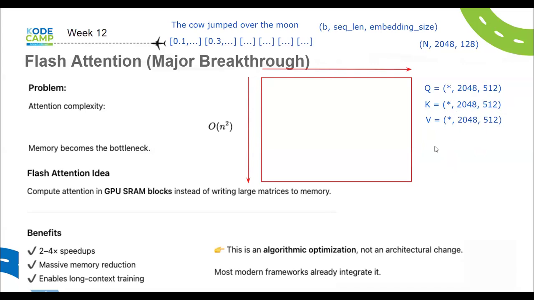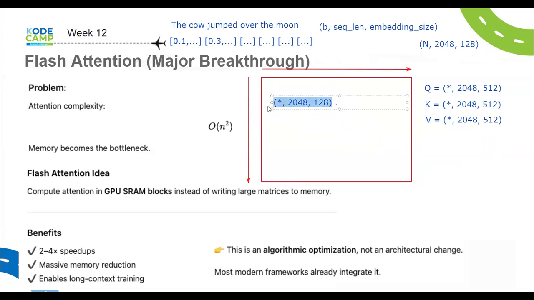Now, the next thing you do is Q dot K transpose. This is where the problem arises. When I do Q dot K transpose, I'm effectively transposing this K. Let me show you what is going on. This is Q, and you do a dot product, and then this is K transpose.